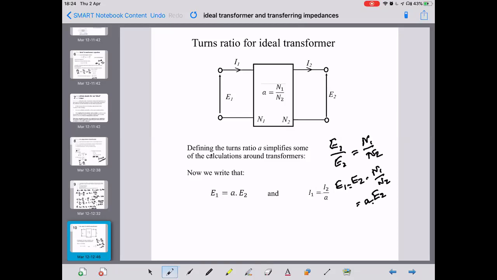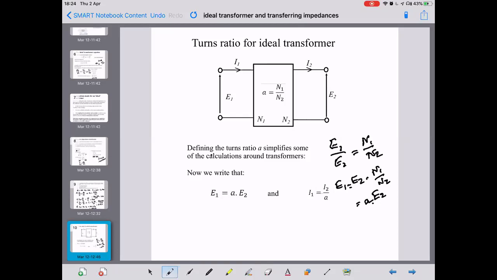The calculations we're going to do later on are much simplified by using the ratio A rather than the separated N1 and N2 values.